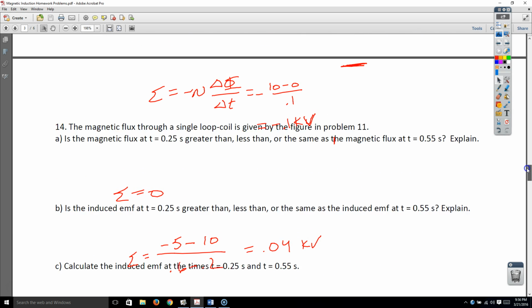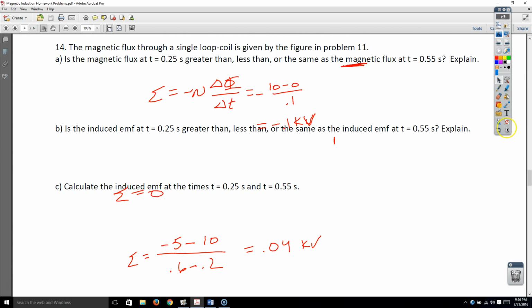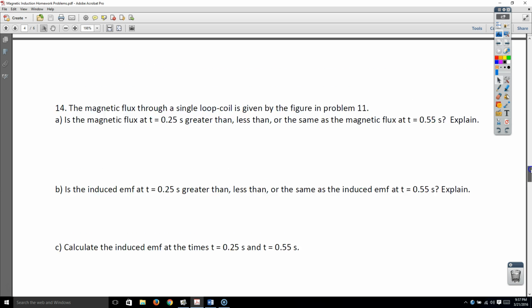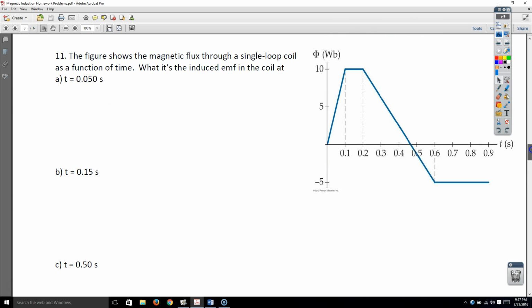Let's go ahead and take a look at number 14. It says the magnetic flux through a single loop coil is given by the figure in problem 11. So that's that same picture that we just saw. They ask, is the magnetic flux at t equal to 0.25 greater than, less than, or the same as the flux at t equal to 0.55.